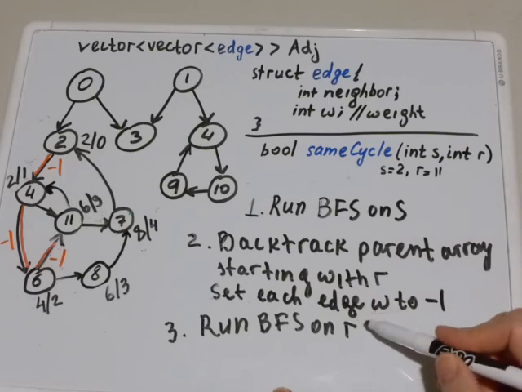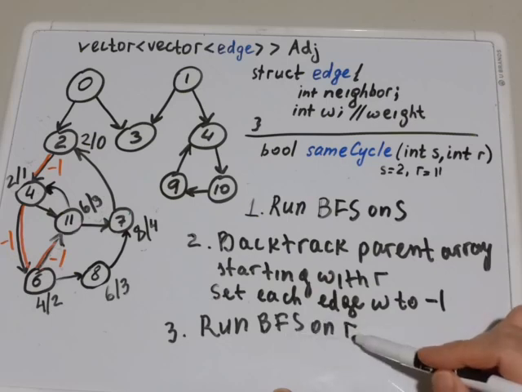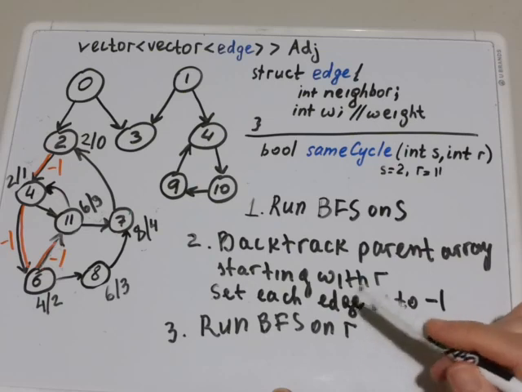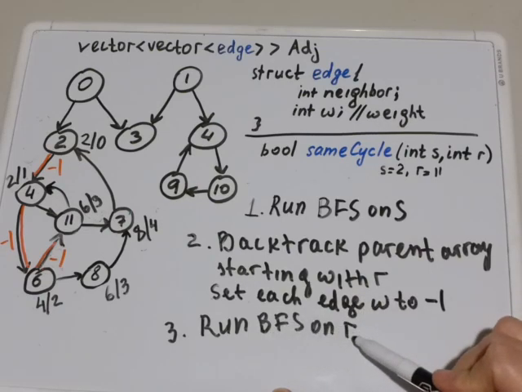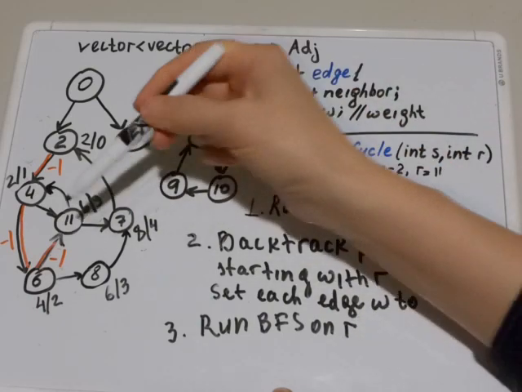Not only do you need to look at the adjacency list, you basically reset the parents array and the distances for running BFS on R, but you do not touch weights. So while you're running BFS on R, let's say you're looking at the adjacency of R right in here.